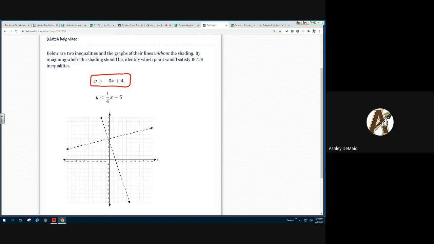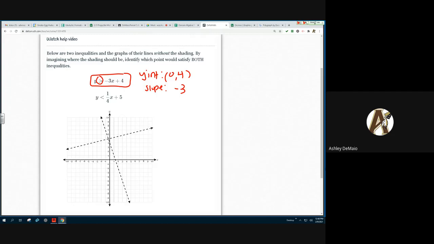Okay, and thinking about where I want to shade it, I have to look at that sign. So my sign is greater than, so that means I want to shade it above. So I need to look and find this line on this graph and shade it above. So our y-intercept of this line is 0, -4, and our slope of this line is -3.